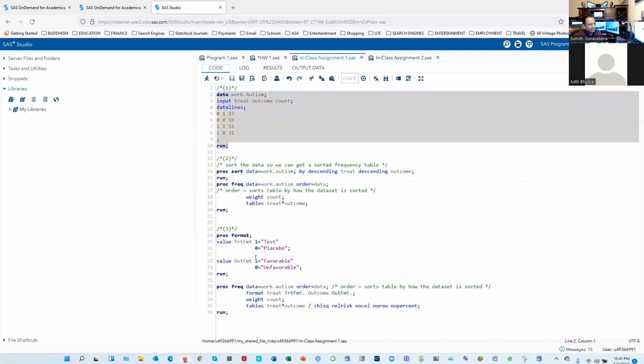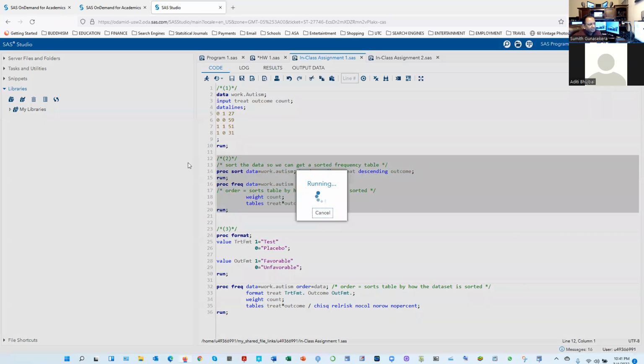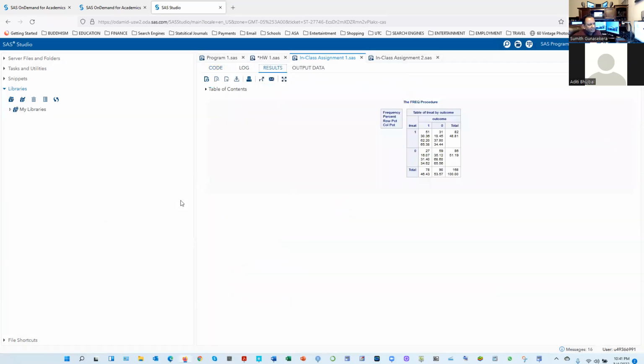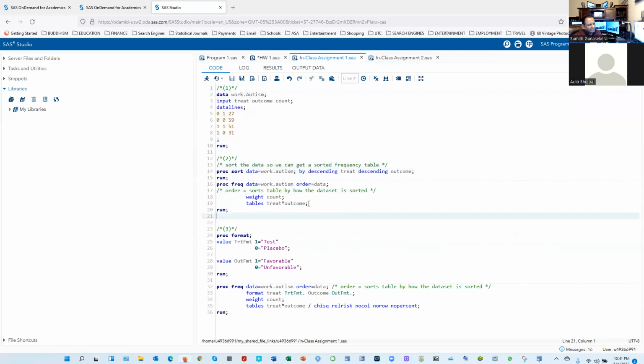If you don't like these percentages, you know what you're supposed to do. You can get rid of them by telling it no column, no rows, no percentage, like that.